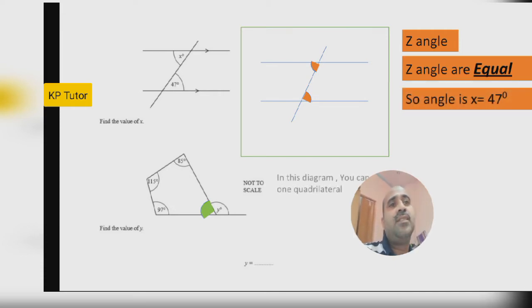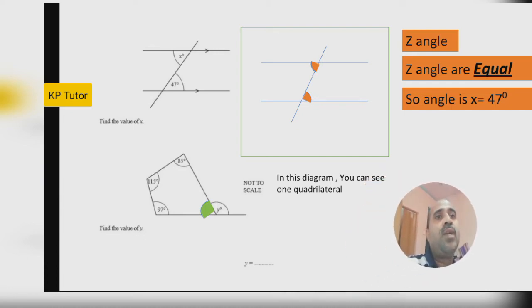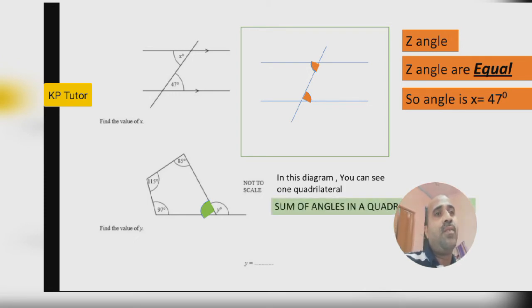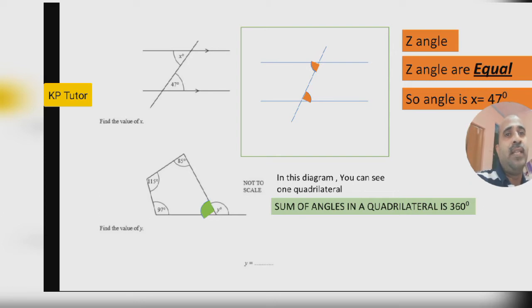So let's think about the next question. In the diagram you can see one quadrilateral. From one side of the quadrilateral the line is extended a little. Don't worry about that extended line first. First think about the quadrilateral. We know that the sum of angles of a quadrilateral is 360 degrees.